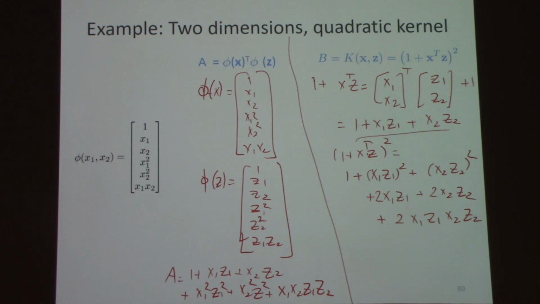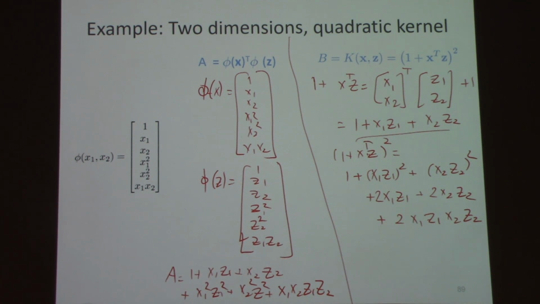So I'm getting something that looks a lot like this term here, right? Except for the 2. How do you get rid of the 2? I just put a square root 2 here. I can put square root 2's here and here. I think that should give me what I want. Basically, by adding some constants in the feature function, you can say that A and B are actually identical.